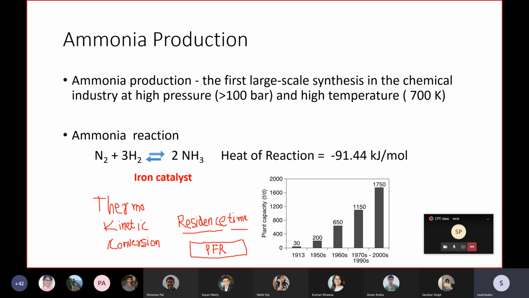Slow reaction, high residence time. Fast reaction, low residence time. So, what is residence time? We all know it: volume of the reactor divided by volumetric flow rate of the reactant. Have you heard about this? V by Q.